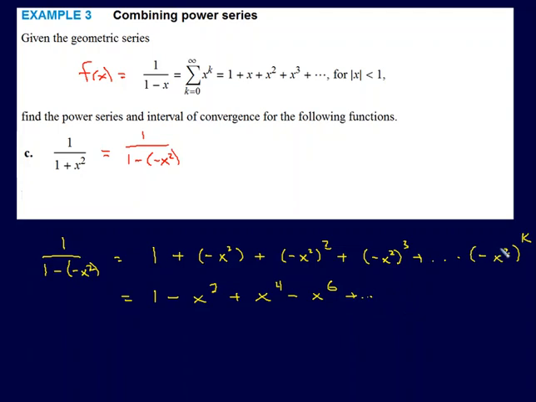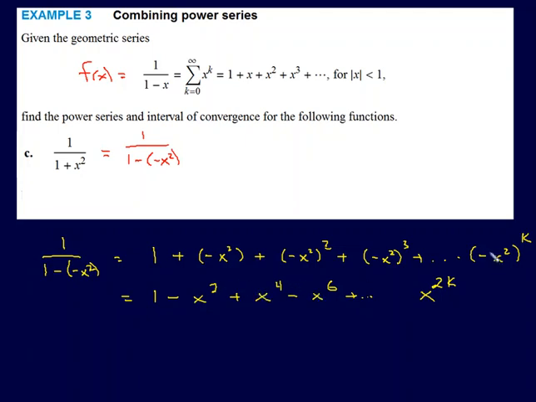So how I'd like to write this general term is this. The x squared to the power k, that's of course going to be where you multiply the powers and get x to the 2k. So that's how you're getting x to the 0, x to the second, x to the fourth, x to the sixth.